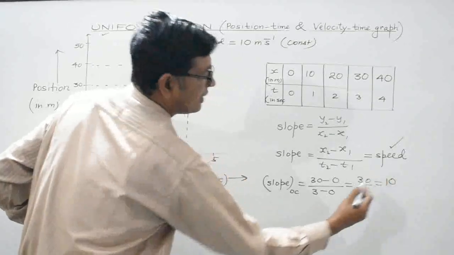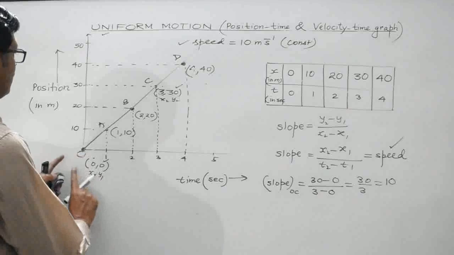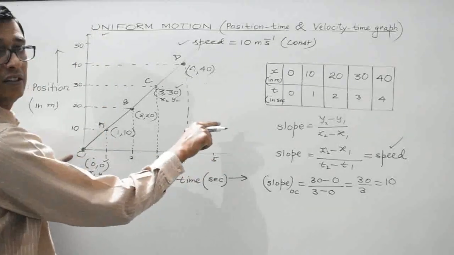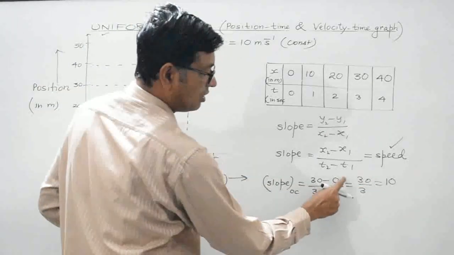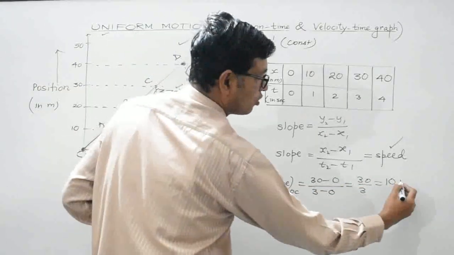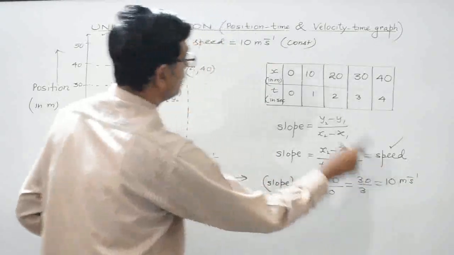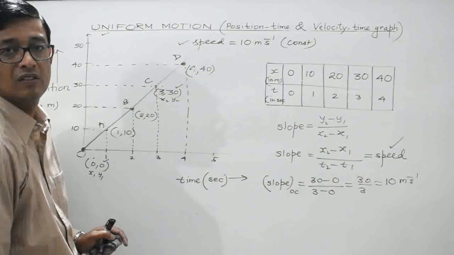What we are getting is 10. And this is in meter and this is in second. So numerator that denotes position, it will be in meter, and denominator denotes time, that will be in second. So it will be meter per second. Look, speed of the body, that's 10 meter per second.